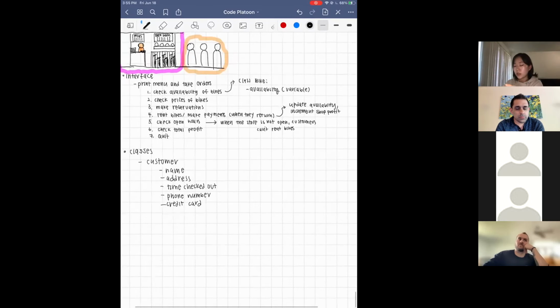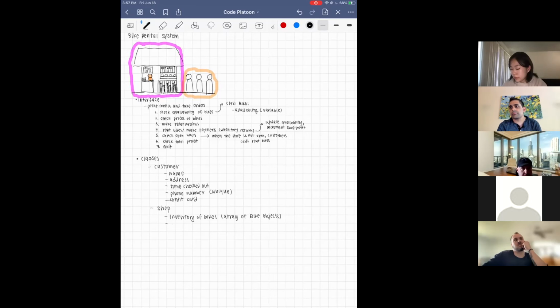You're gonna need shop hours. And unlike the inventory of bikes, shop hours is going to be constant because it is needed only for viewing. And you're not going to, as a customer, you can't change the open hours of the shop. There's also price listings.